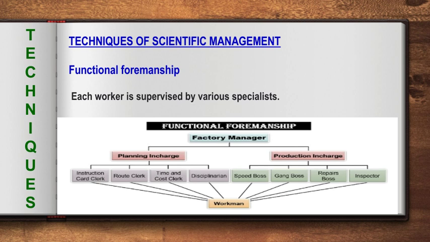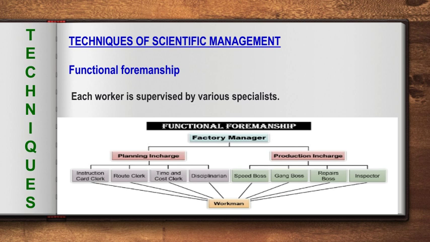Now let's look at the diagram. At the topmost part of the diagram, we have the factory manager. And under him, there are 2 persons, that is, the planning in charge and the production in charge. The names themselves clearly tell you that the planning in charge does all the planning related work and the production in charge would do all the production oriented work. Under the planning in charge, you can see that there are 4 types of foremen.